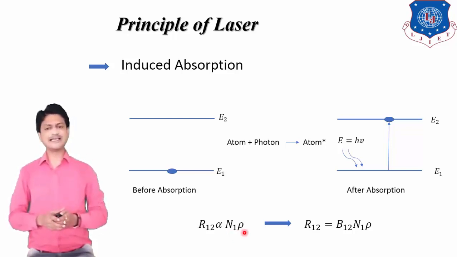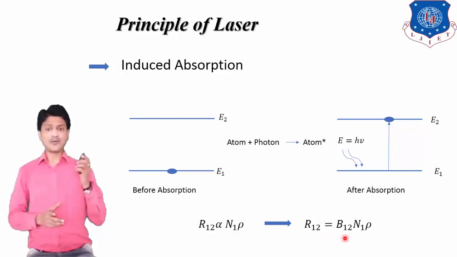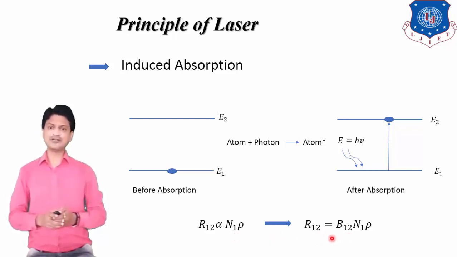So R12 is directly proportional to N1 into rho, where N1 stands for the population of the lower energy level and rho stands for the density of incident radiation.